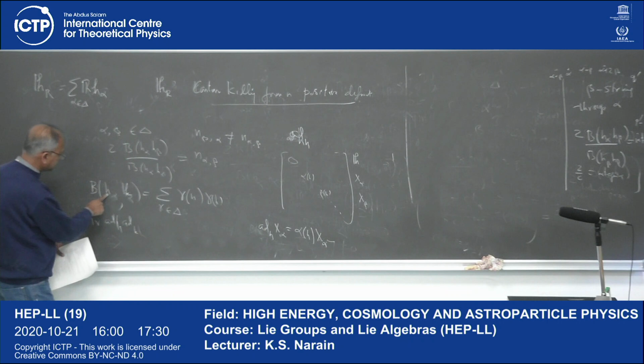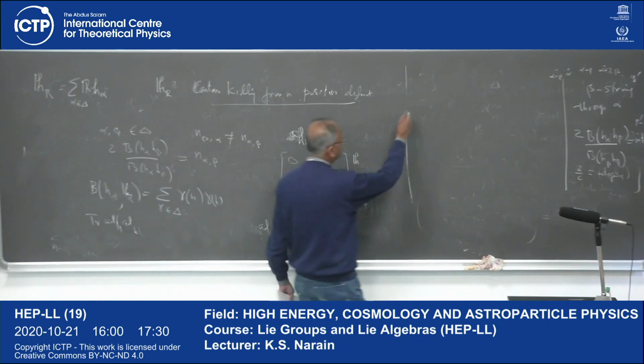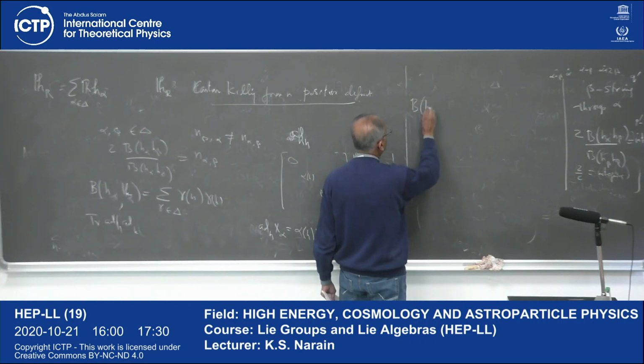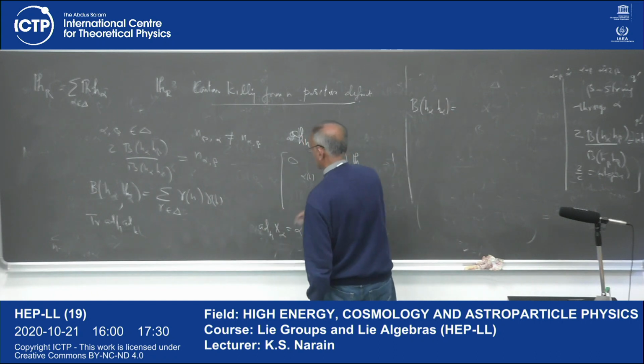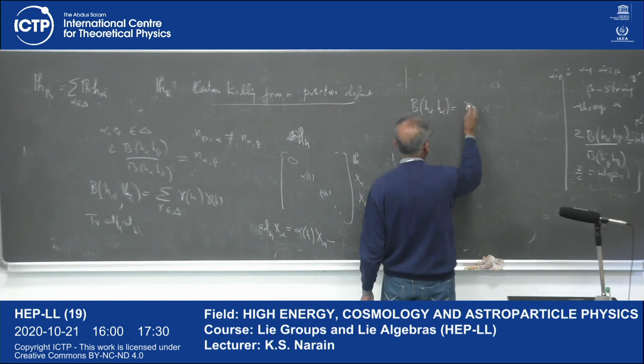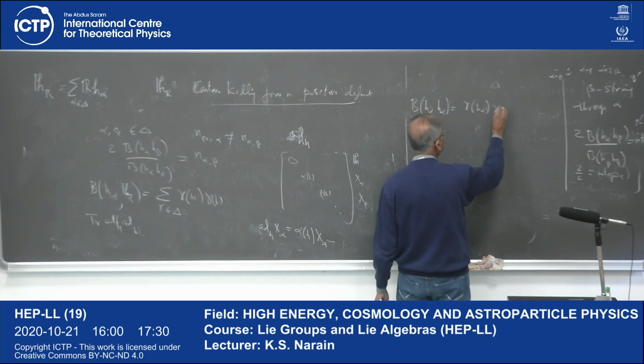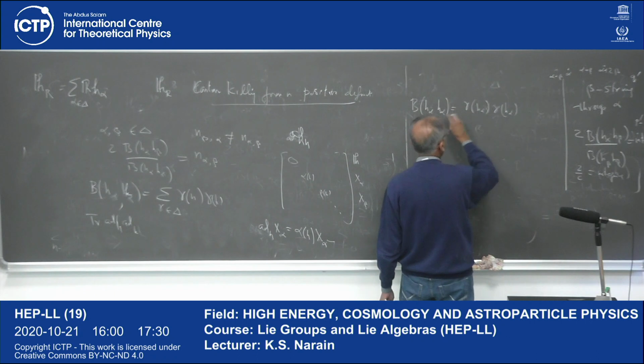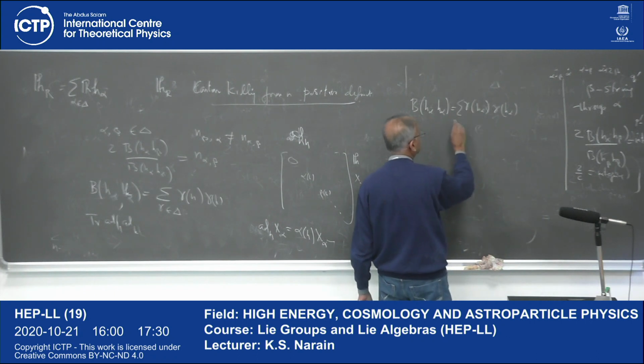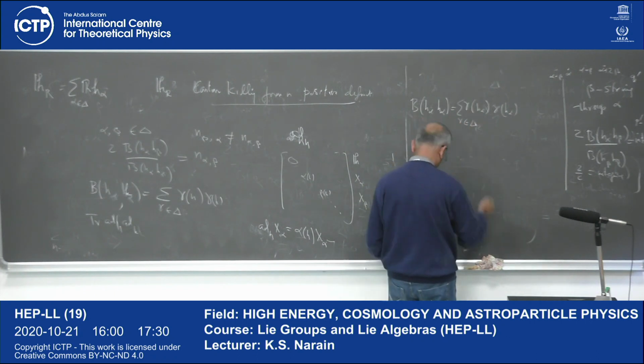So now specialize to the case. This is for arbitrary h and k, but now take both of them to be h alpha. So B(h alpha, h alpha) is equal to the sum over gamma of B(h alpha, h gamma) squared... Okay.